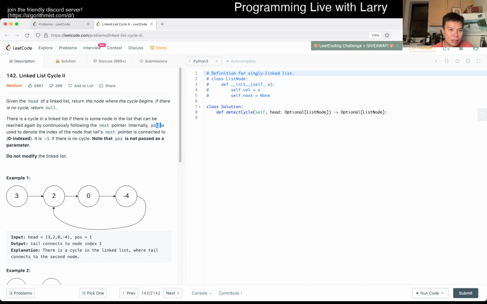Yeah, I think it just returns none, right? Oh, do not modify. Wait, no, we're not modifying it. Given the head, return the node. Okay, return none. Okay, fine. It's actually the first line. I just read it backwards. Okay, yeah. So this is the one where you have to actually return the node.